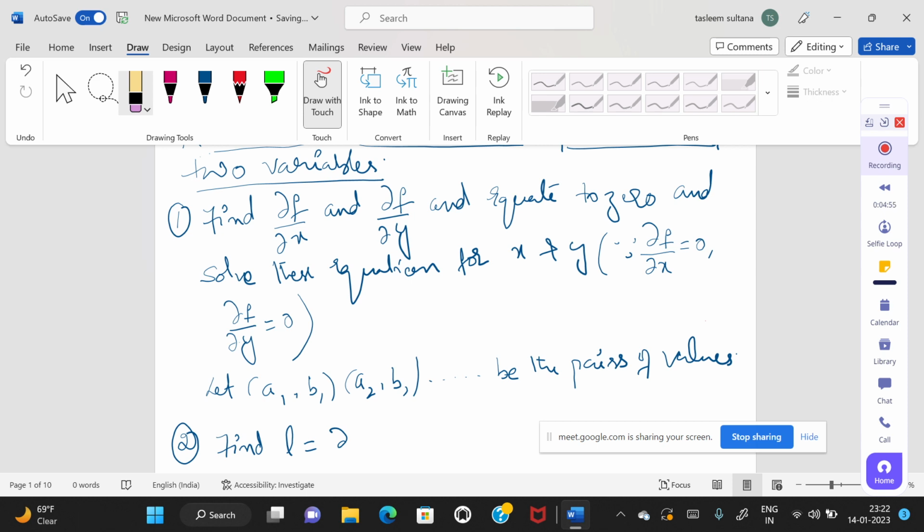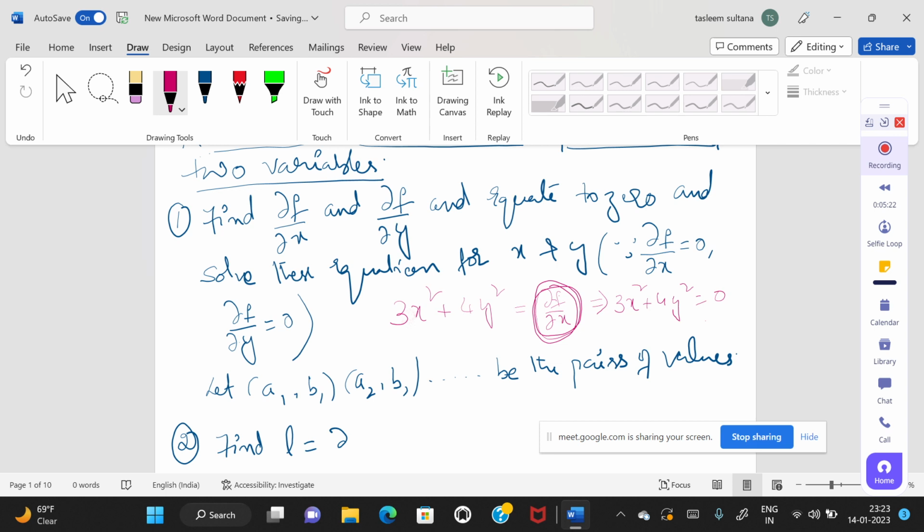Suppose dou f by dou x is 3x square plus 4y square. Then you substitute this value equal to 0, which implies 3x square plus 4y square equals 0.